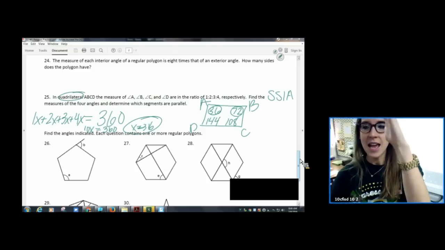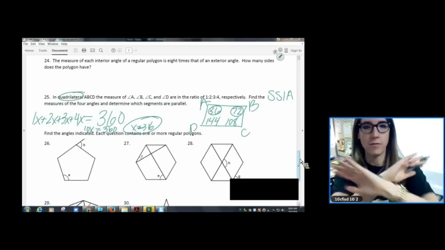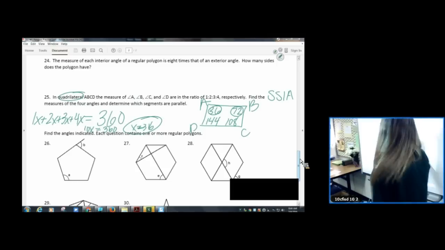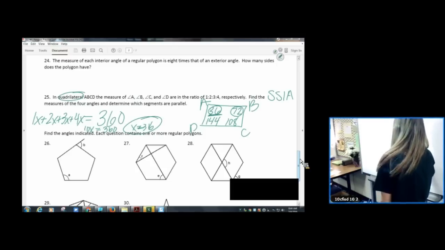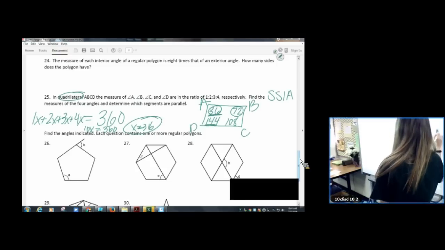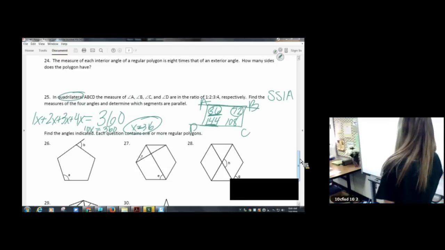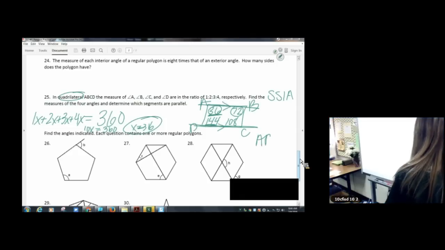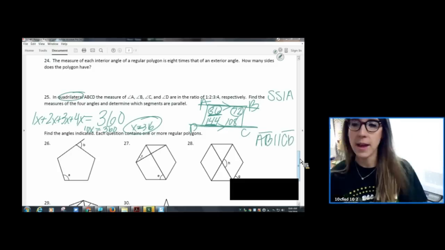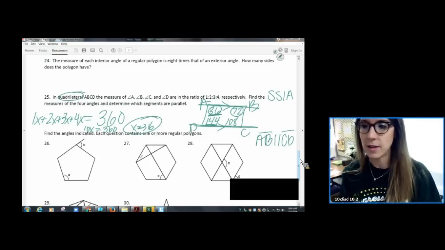So AD is not parallel to BC. What about this? 36 and 144. Those are supplementary. So AB is parallel to CD and not the other way around. AD is not parallel to BC.